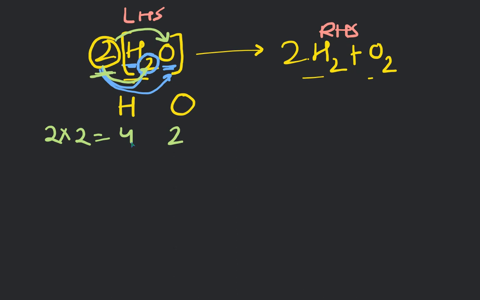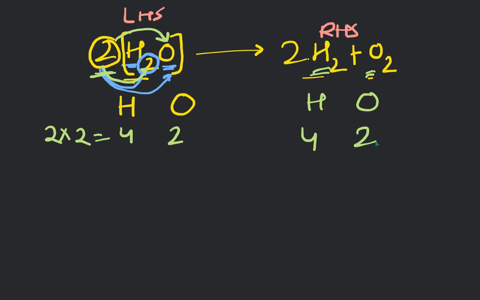Now comes the RHS portion. Here also, are you able to see two elements only, hydrogen and oxygen? This is hydrogen, this is oxygen. Any other element? Nice. How many hydrogen are you able to see? Very good, outstanding. And how many oxygen?